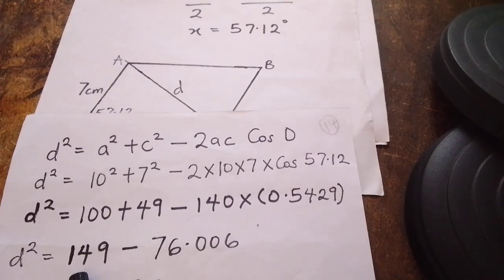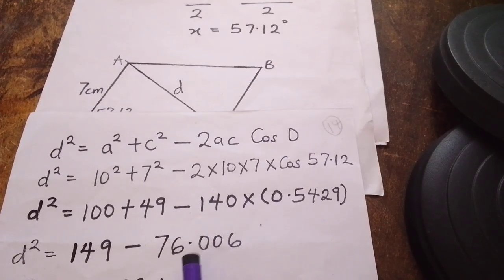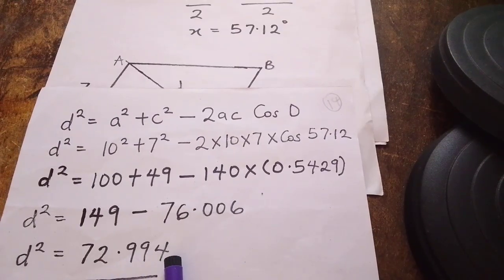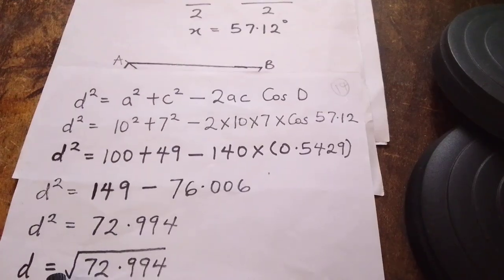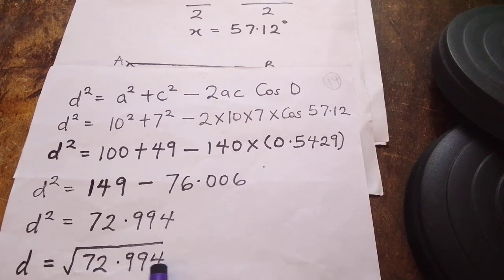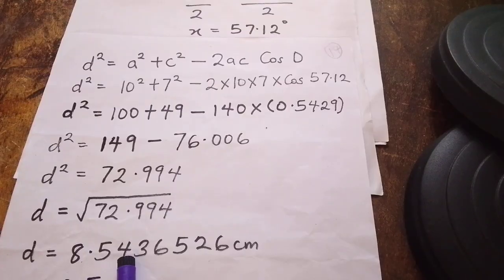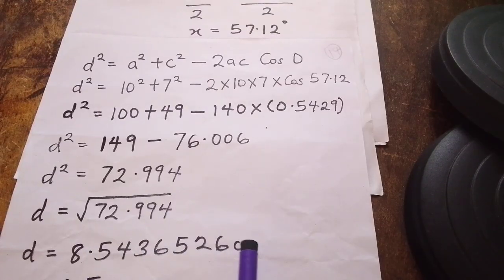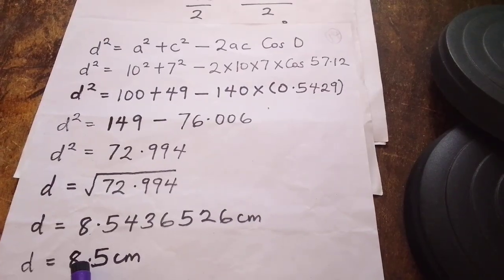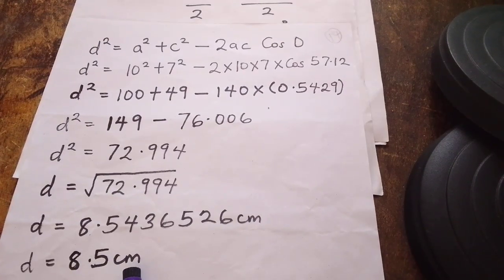When you subtract this, 149 minus 76.006, it will give you 72.994. So to get the value for this side, we find the square root. The square root of 72.994 will give us 8.5436526 centimeters. With one decimal place, it will give us 8.5 centimeters.